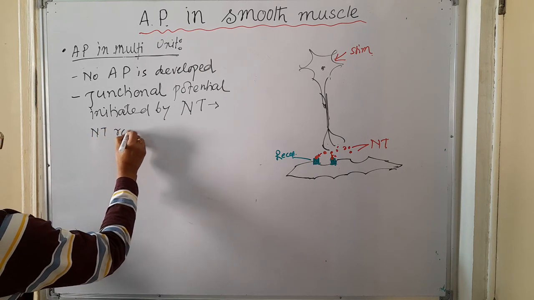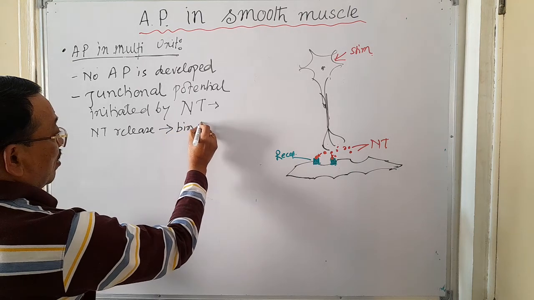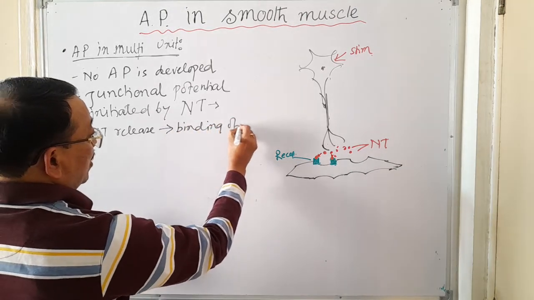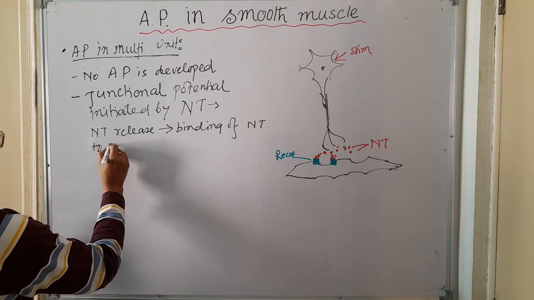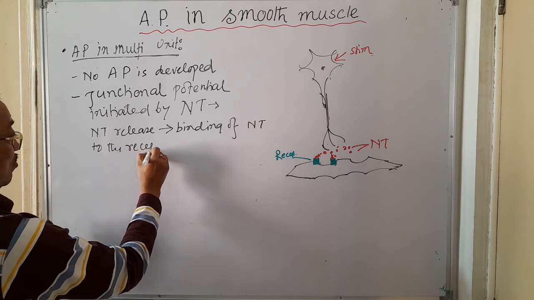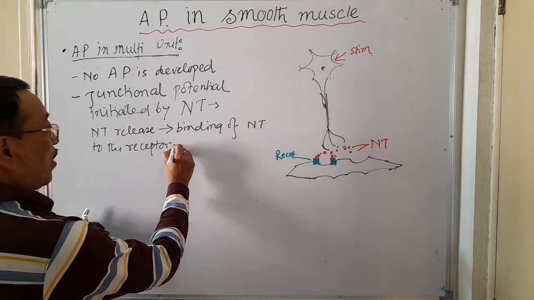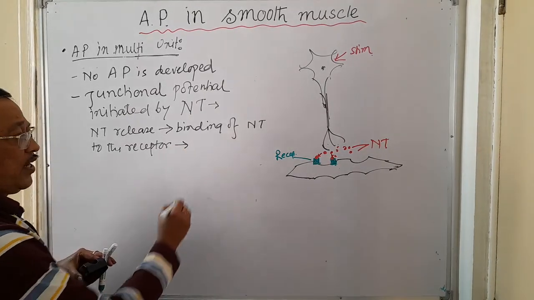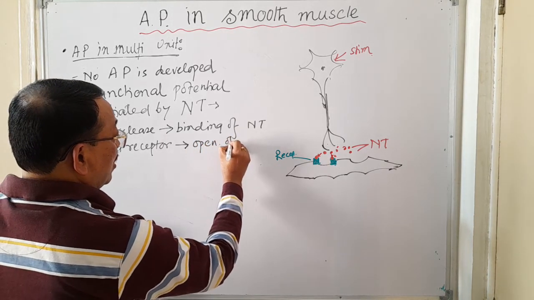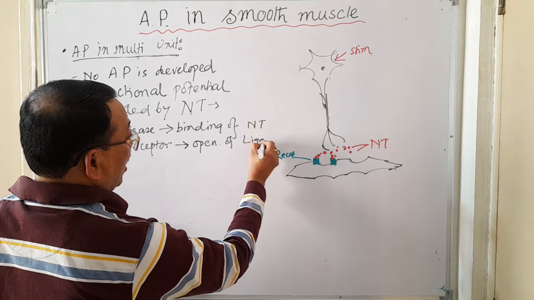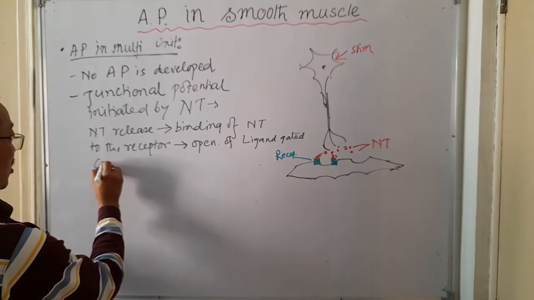Neurotransmitter release, followed by binding of the neurotransmitter to the receptor present on the wall of the smooth muscle, and this binding of the neurotransmitter receptor complex is responsible for opening of ligand gated channels. Now here, ligand gated calcium channels will open.